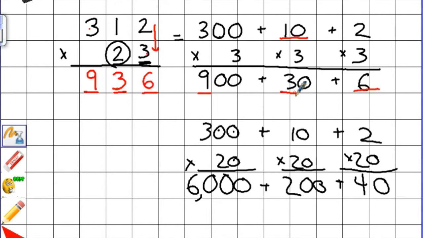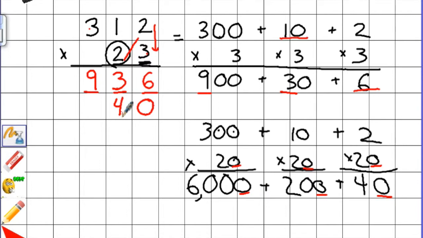We still have to multiply by the number in the tens place. Now every number that we multiply, the 300, the 1 in the tens and the 2 in the ones, they all are being multiplied by 20, which is 2 tens. 2 tens and 0 ones. So we can put a 0 in the ones place and then just multiply everything by 2 tens.